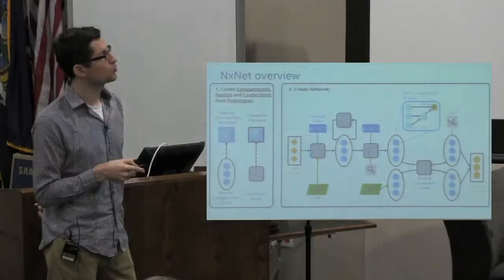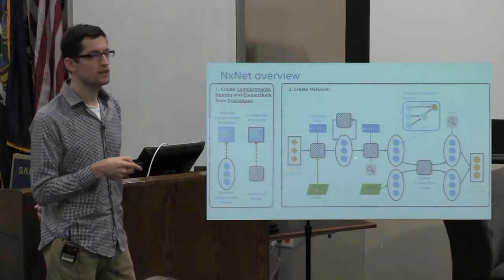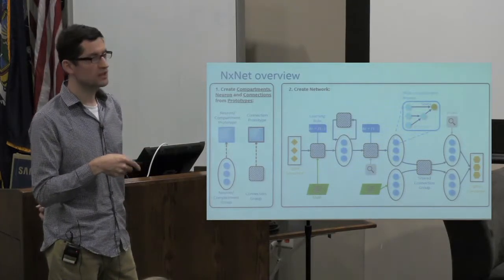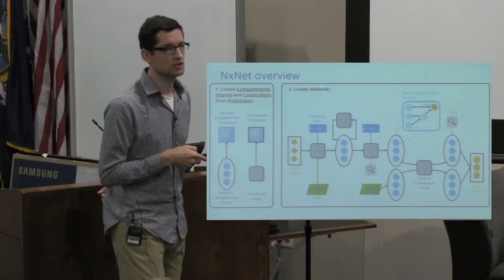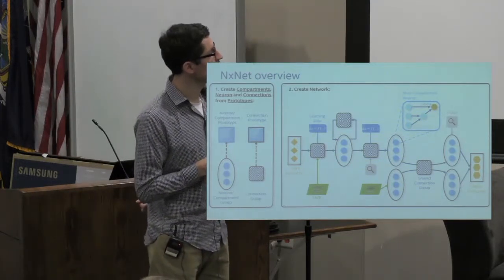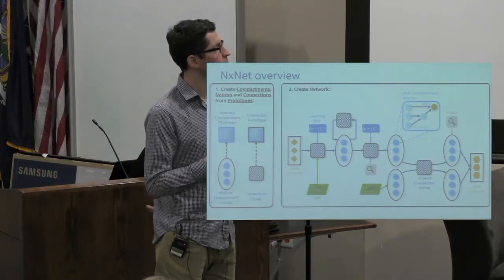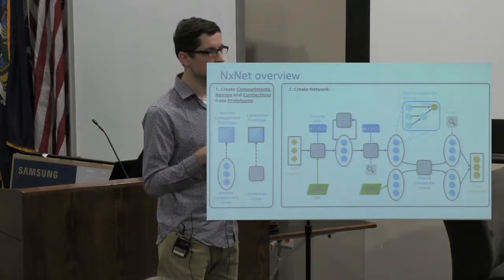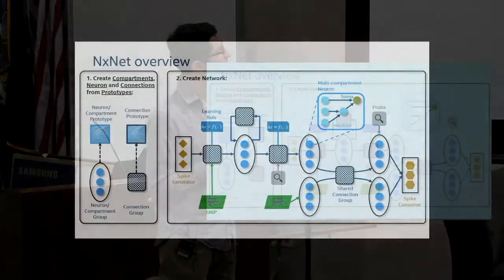And of course, you can define probes to monitor the weight evolution while you're learning, or to monitor compartment voltages and spikes as they're being produced and evolve over time. These are the basic tuning knobs that you can use through our high-level NxNet API.